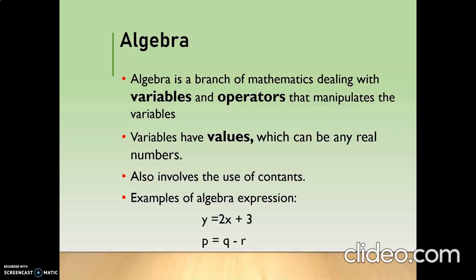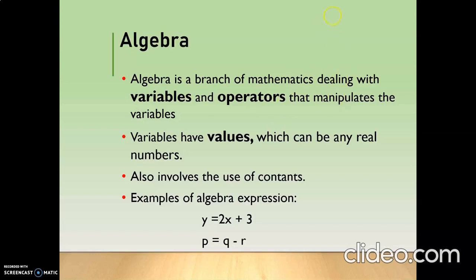Operators involved in algebra are mathematical operators like addition, subtraction, plus, minus, multiplication, times, divide, to the power of something. So those are the operators involved.